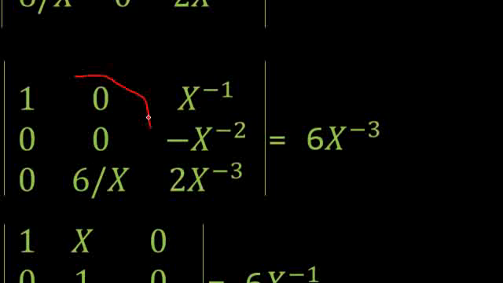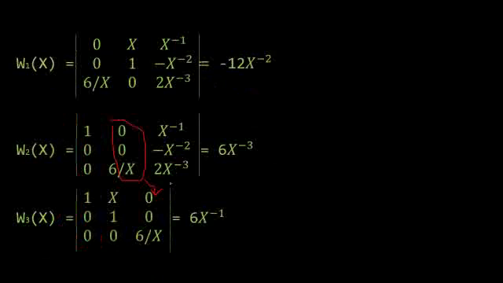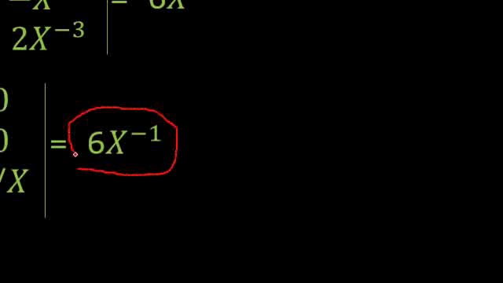So again, we move this to here from our basis for the Wronskian, and evaluate this 3 by 3 matrix. We found out that this is just 6 x to the negative 1.